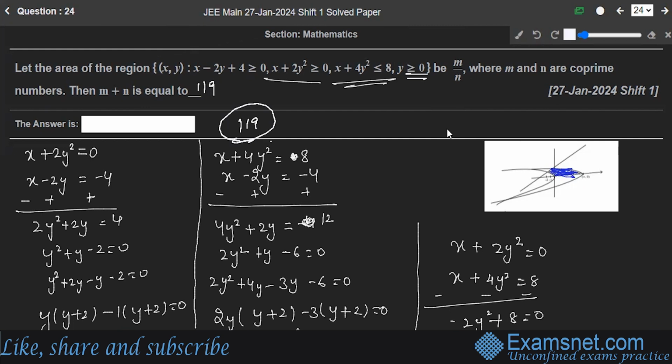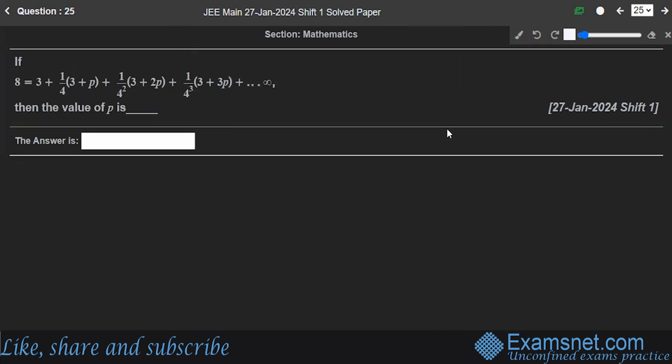Let's move to the next question, number 25 then. So if 8 is equal to 3 plus 1 by 3, 3 plus p plus 1 by 4 square, 3 plus 2p. See, this is AGP series, infinite. Because you have a combination of the arithmetic and the geometric progression over here. You are moving in the arithmetic. See, this is P, this is 2P, then you have 3P, so on. And you also have the geometric progression, 1 by 4, 1 by 4 square, 1 by 4 cube, and all that.